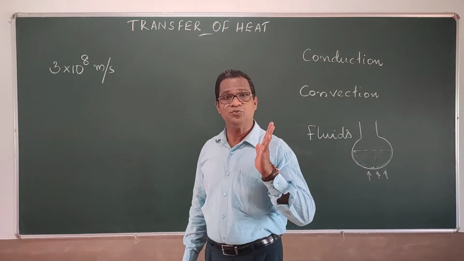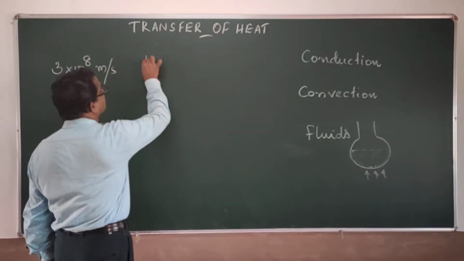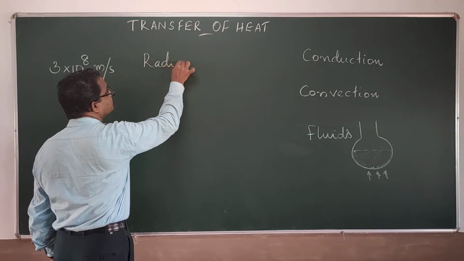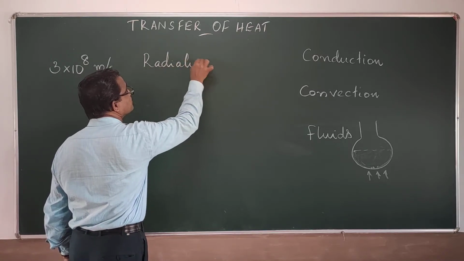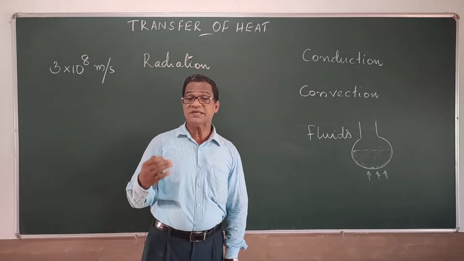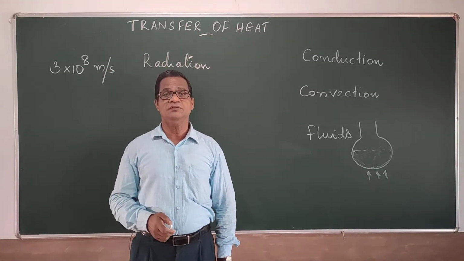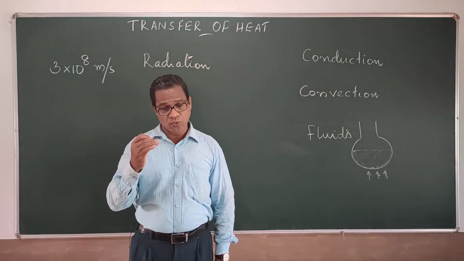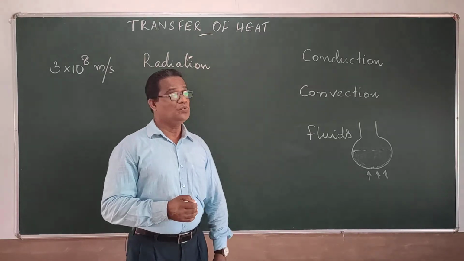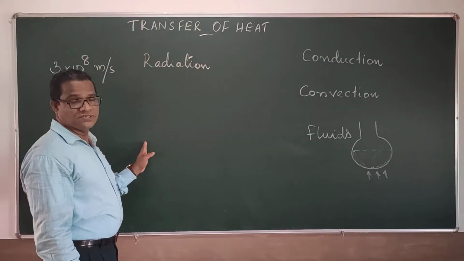So we can assume that heat is a form of radiation. Radiation. What is radiation? It's an energy form which can travel through vacuum with a speed equal to 3 into 10 to the power 8 meter per second.